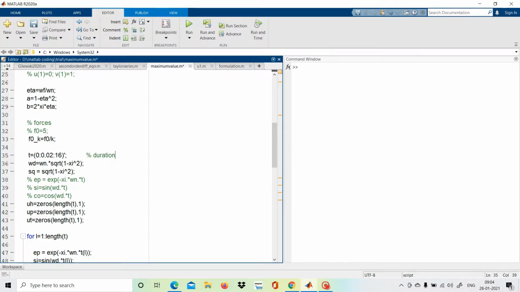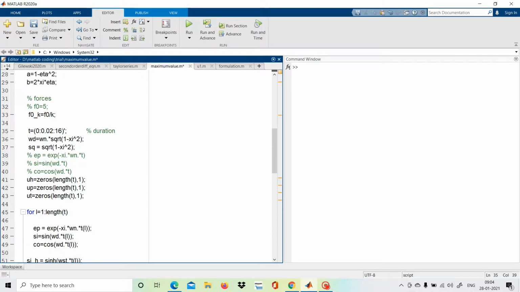Now omega d is omega n under root of 1 minus xi square, and we have just written sq as short for this value, and we have the homogeneous solution, and we will just feed in zeros of length of t comma 1, in vector format.